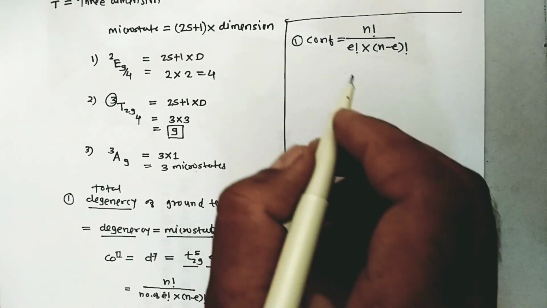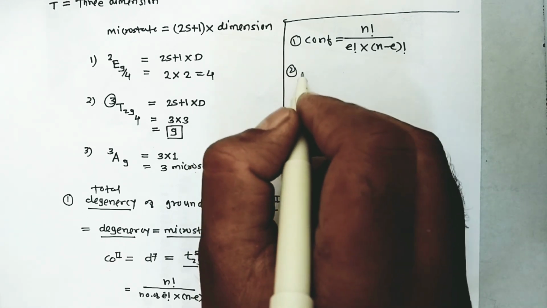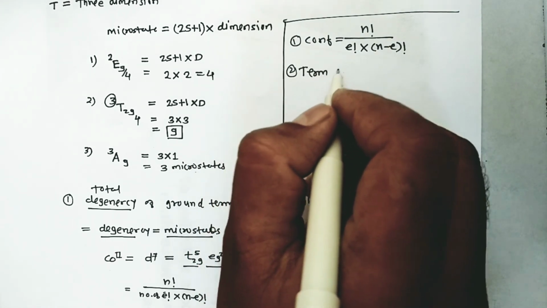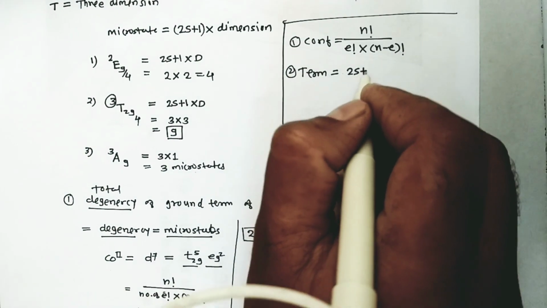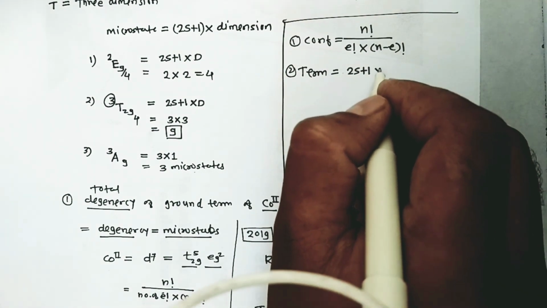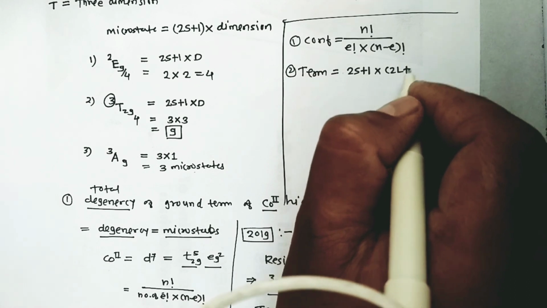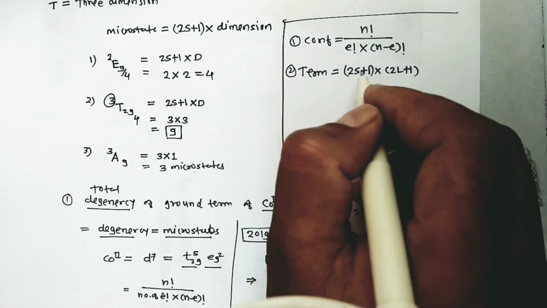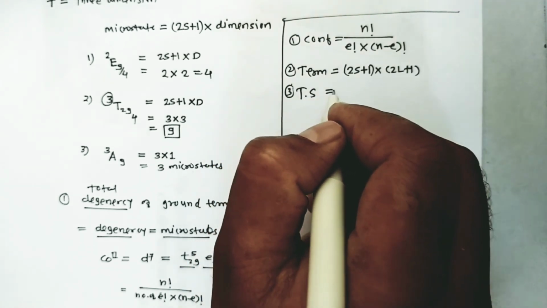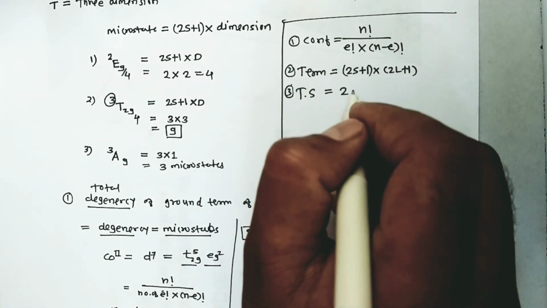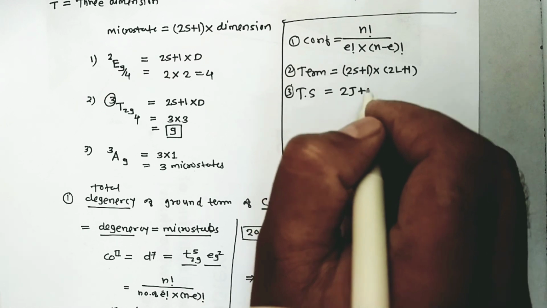When the term is given, you can use the formula 2S plus 1 into 2L plus 1. When the term symbol is given, then you can use 2J plus 1.